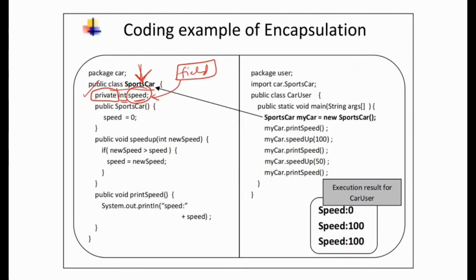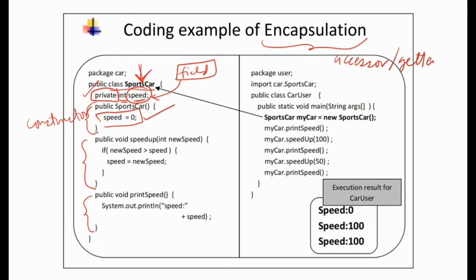And here we have a constructor that initializes the field speed to 0. And we have here speed up. Is it an accessor getter method or a mutator setter method? Recall that in encapsulation, whenever you set a field to private, you have to provide an accessor or getter method and a mutator or setter method.